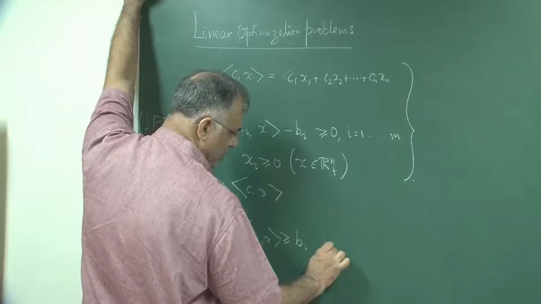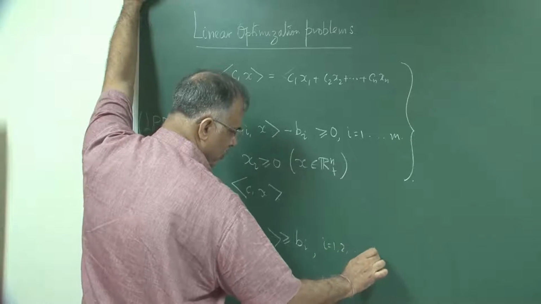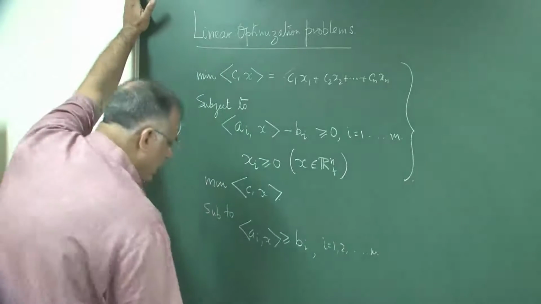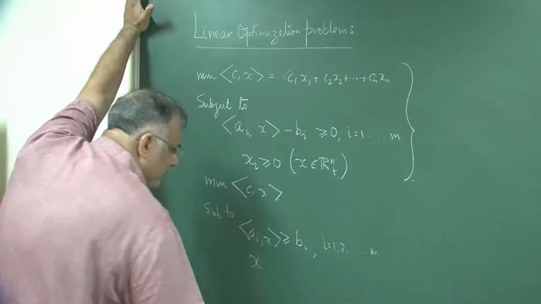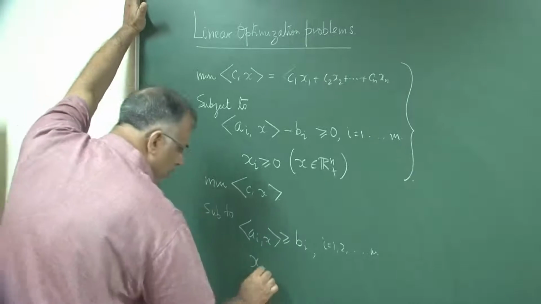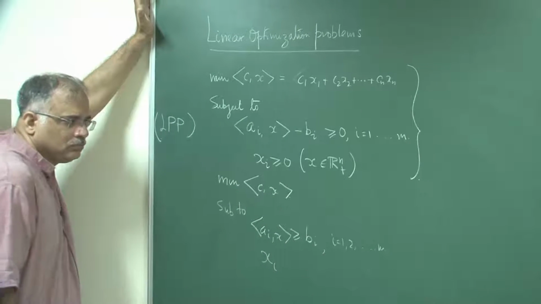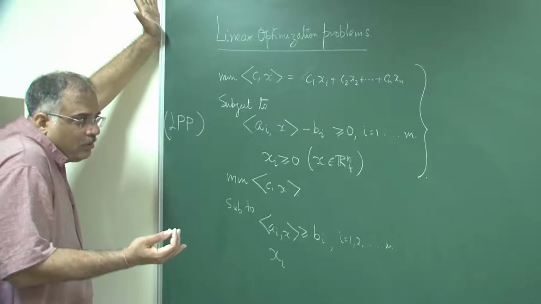It might look a bit clumsy. Books usually would write it in this way, and then you can say the xi may not be all greater than or equal to 0.